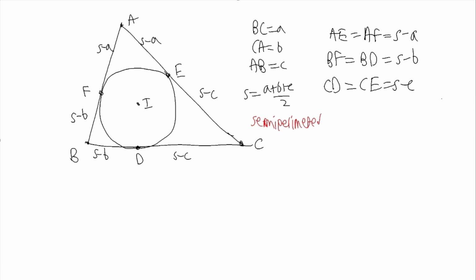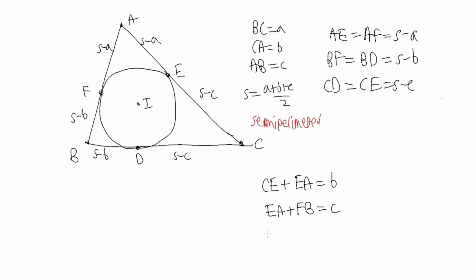So how do we exactly prove this? Well, we know that CD equals CE because they're equal tangents. So we know that CE plus EA is equal to b. And then EA, because that's FA, plus FB is equal to c.